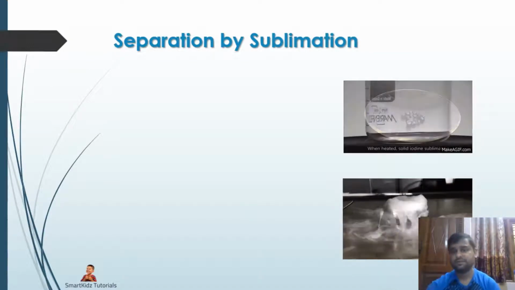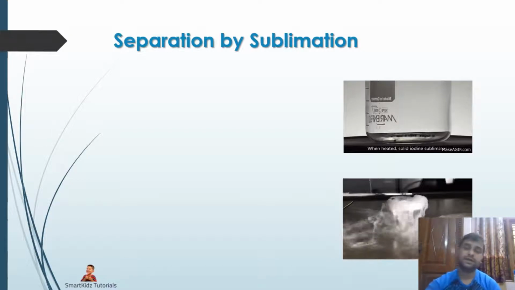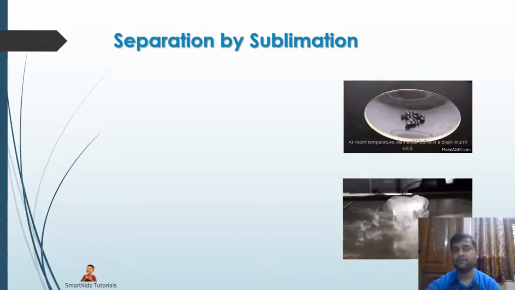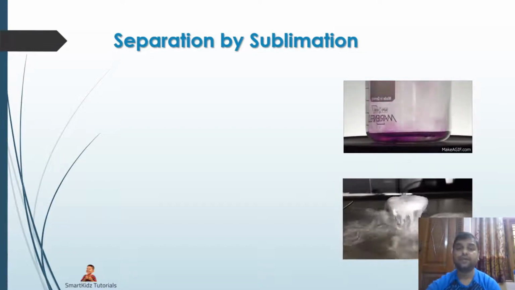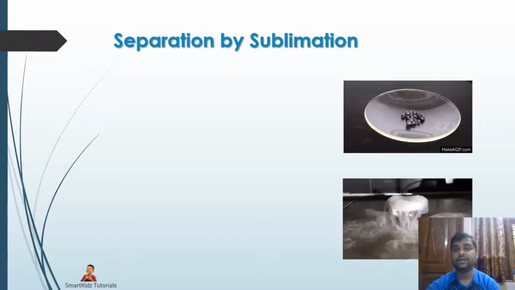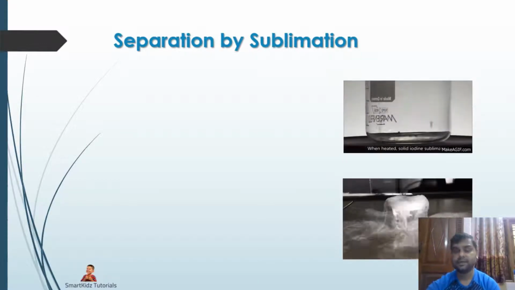Separation by the process of sublimation. First, we need to know what sublimation is, and that we have actually covered in the previous chapter on matter. In the process of sublimation, the solid does not get converted to liquid before getting converted into gas. For example, we have a cube of ice.